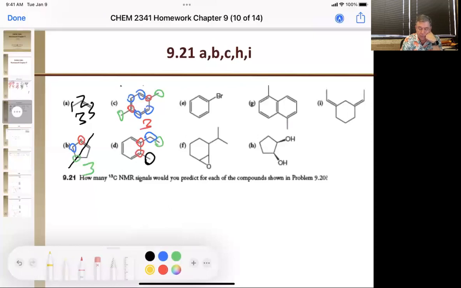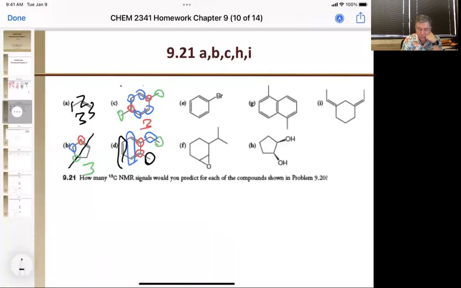They're both hooked to carbons, so that should be the same right there. Then that makes these 2 the same, and it makes these 2 the same. So we have 1, 2, 3, 4, 5, 6. So I think we get 6 carbon peaks on that one.